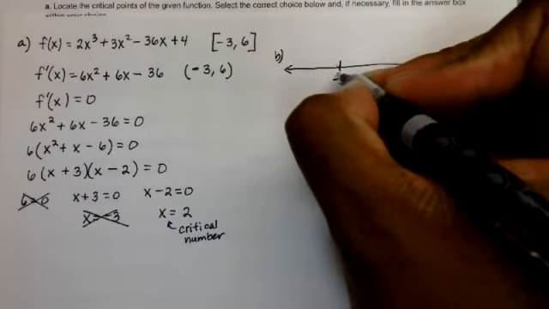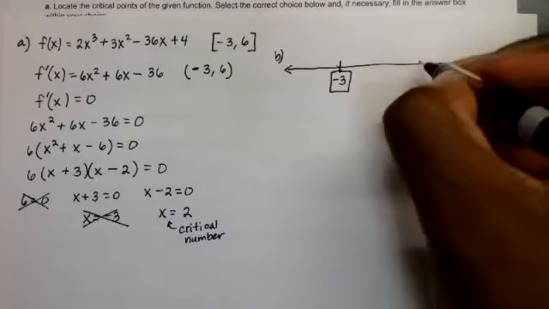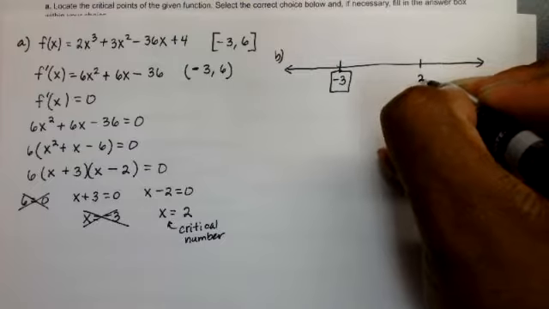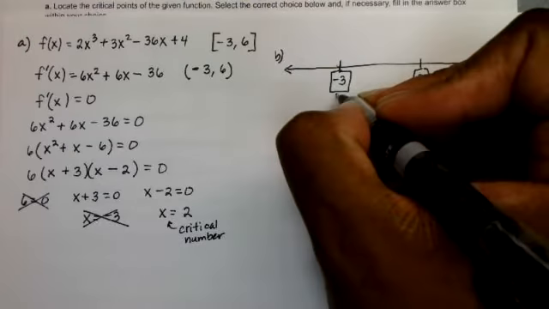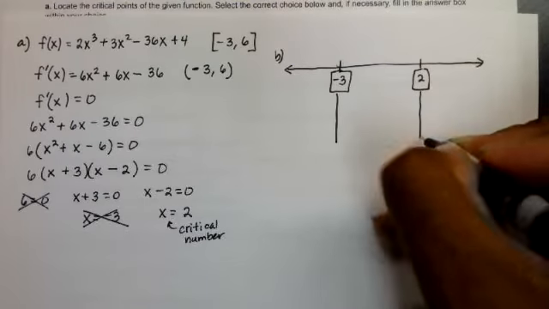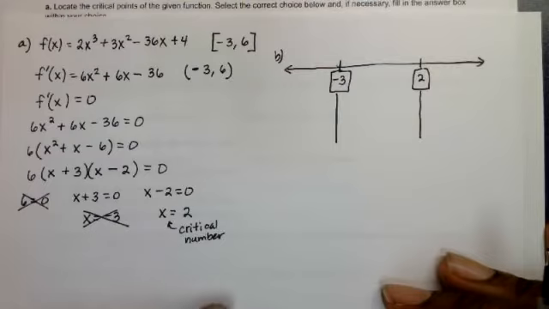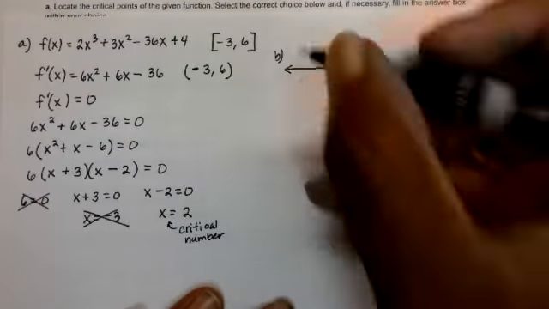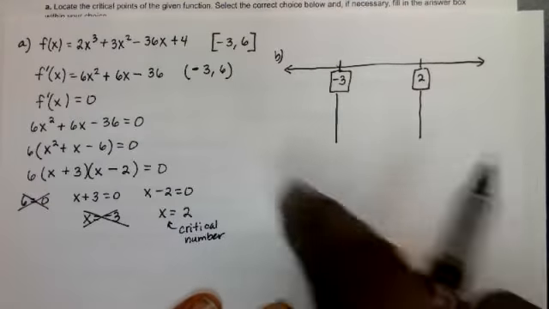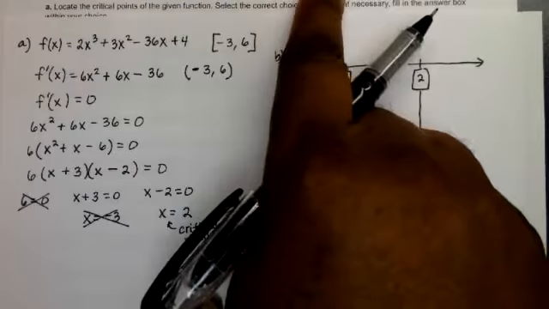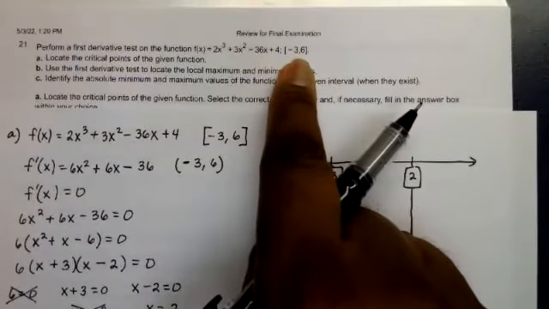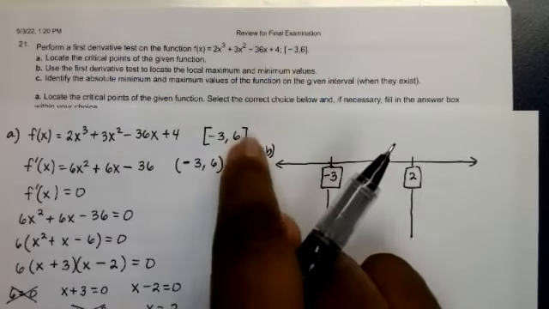I am going to use the -3, and I am going to use the 2. So I have different intervals, and actually notice here, from -3 to 6.